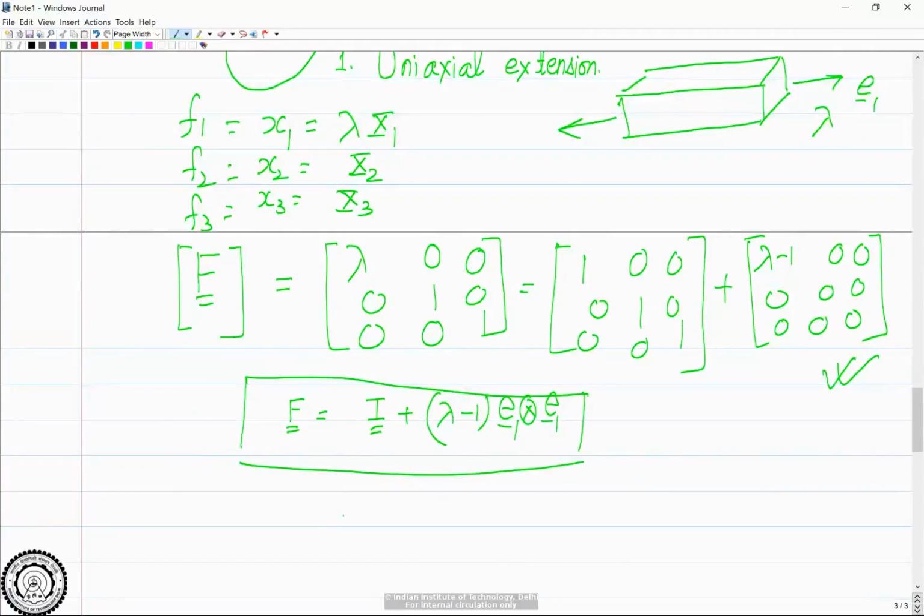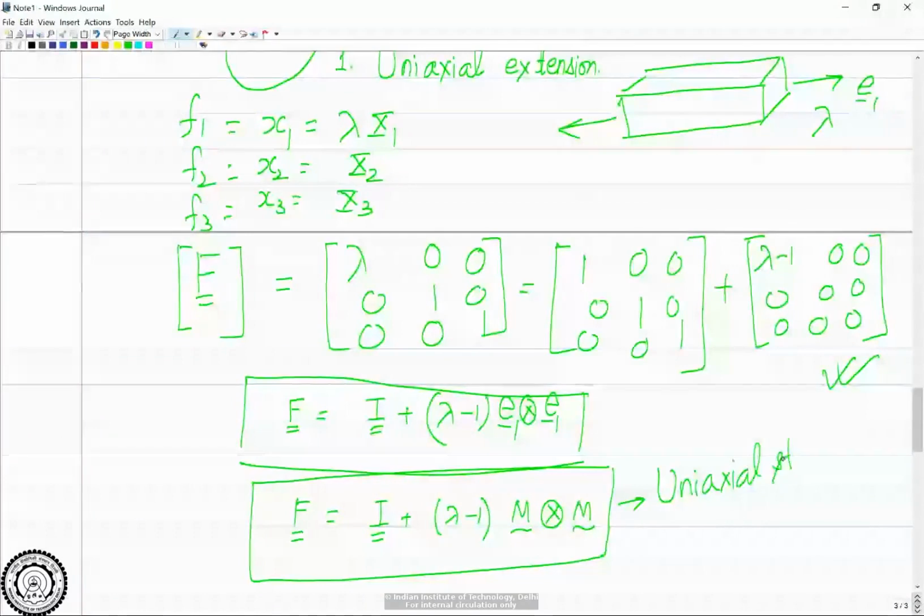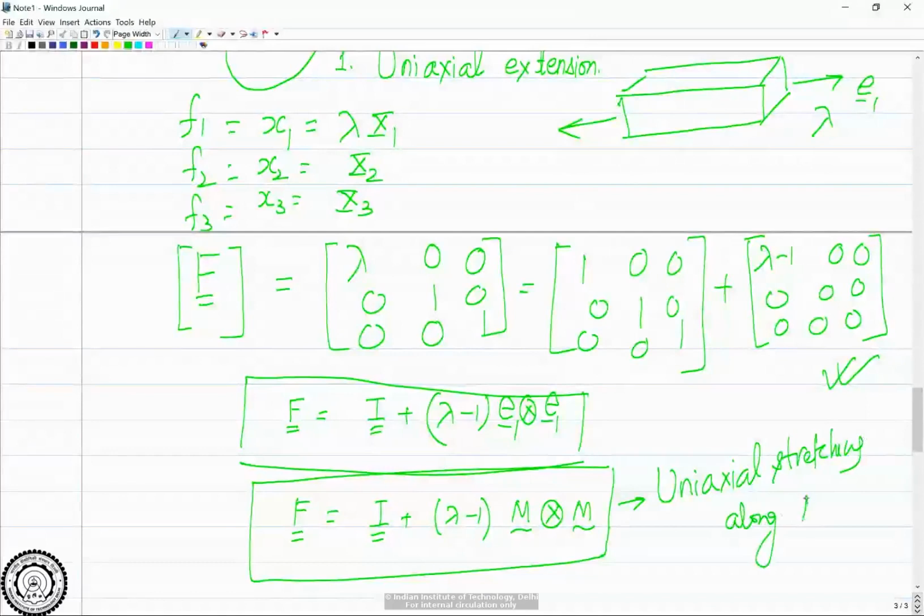In fact, if the stretching is along some direction, let's say M, then your capital F would be identity plus lambda minus 1 into capital M tensor product capital M. So this is the general deformation gradient for uniaxial stretching along M. Is that okay with all of you?